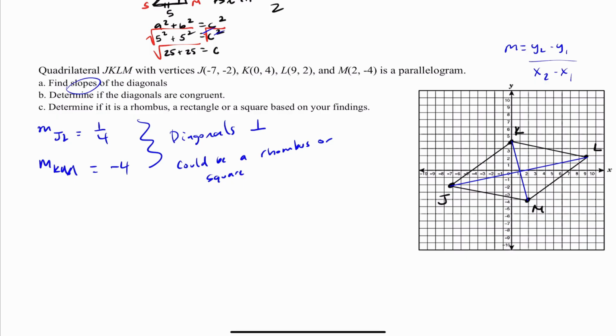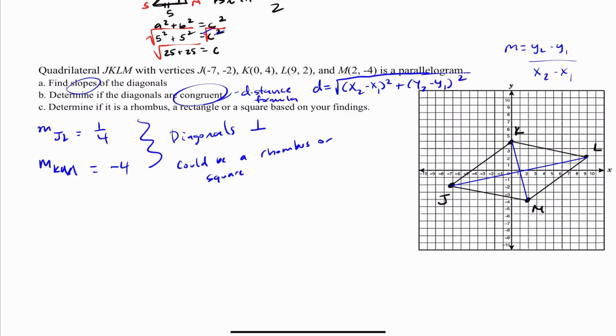Now what we're going to do is determine if the diagonals are congruent. The best way to figure if the diagonals are congruent is by using the distance formula. So the distance formula is d equals the square root of (x2 minus x1) quantity squared plus (y2 minus y1) quantity squared.